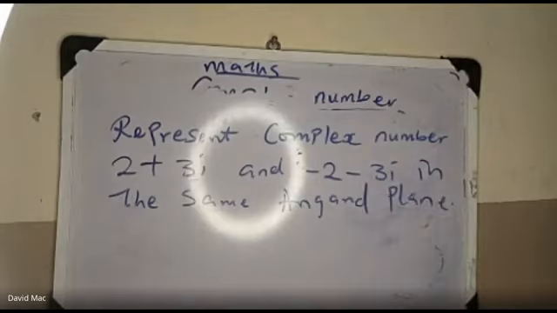So this is the assignment. Represent these 2 points. You can name them point P and point Q, or point R and point S, any names. So represent these on your Argand plane. That's question 1.